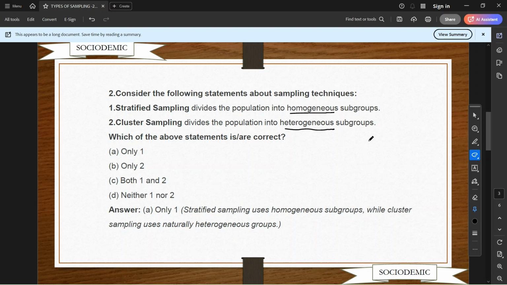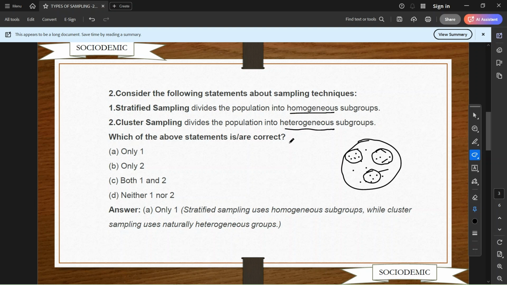For example, this is the whole population. The whole population has males and females, and in that, children, elders, and youngsters are there. Stratified means divide. For example, these are the children, these are the elder people, these are the younger people.